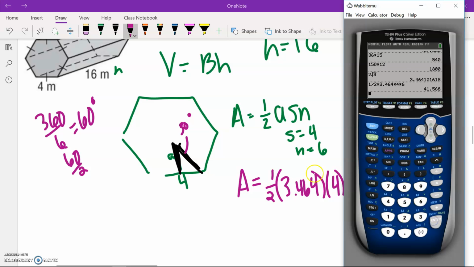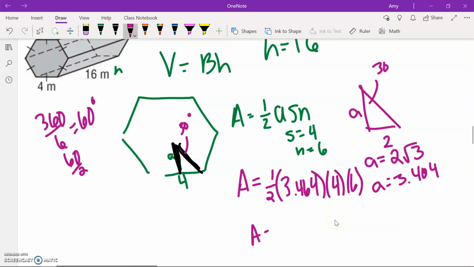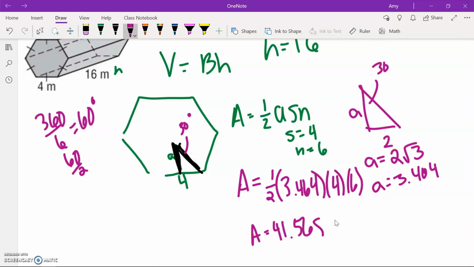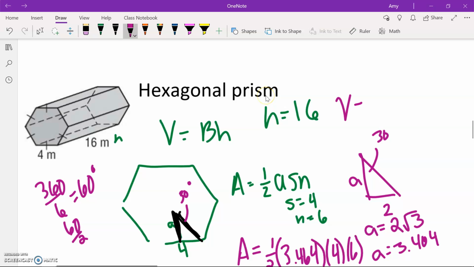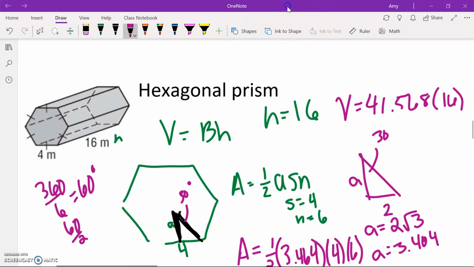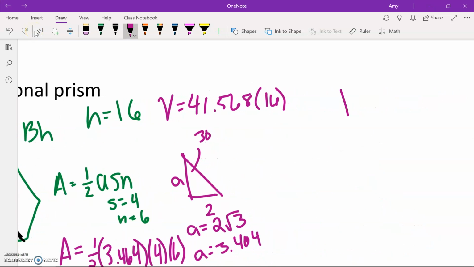And we get that the area is 41.568. And then we can calculate our volume as 41.568 times 16. So I can just take that answer, multiply it by 16, and our volume is 665.10 cubic meters.